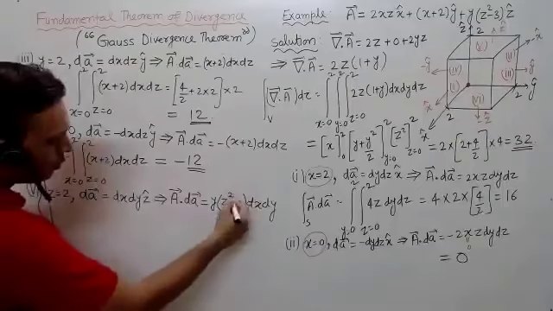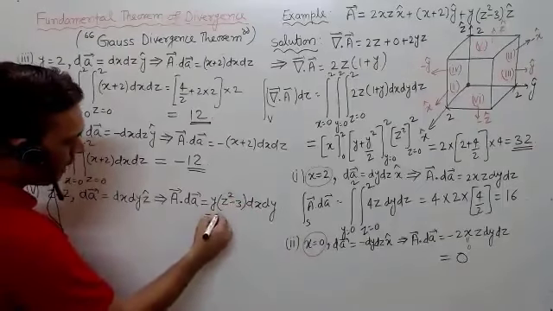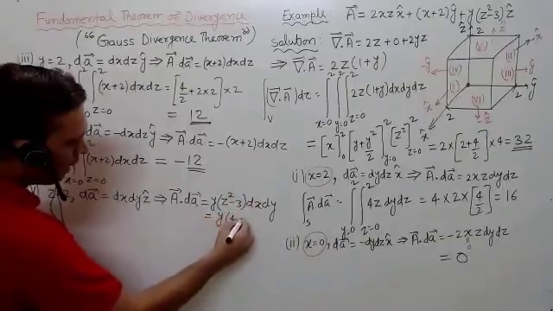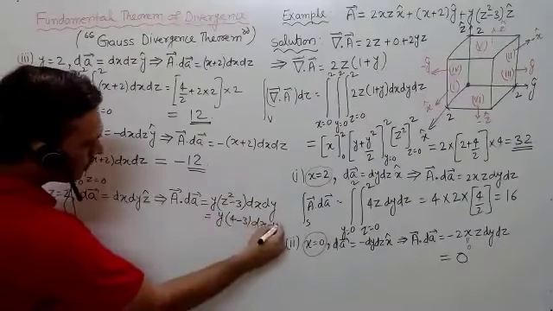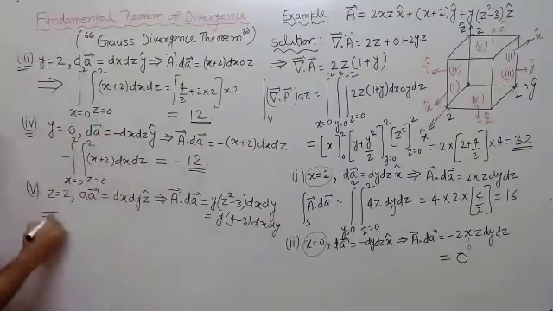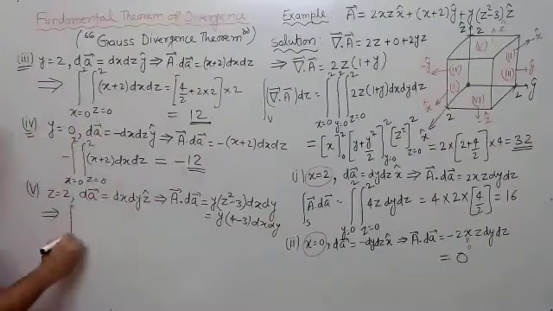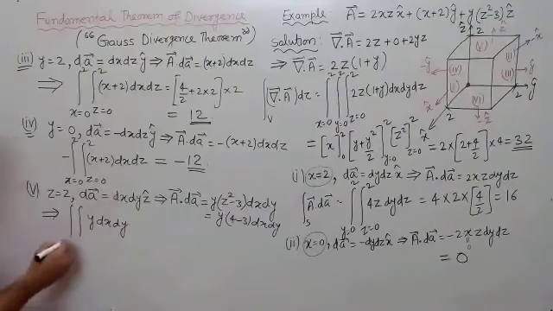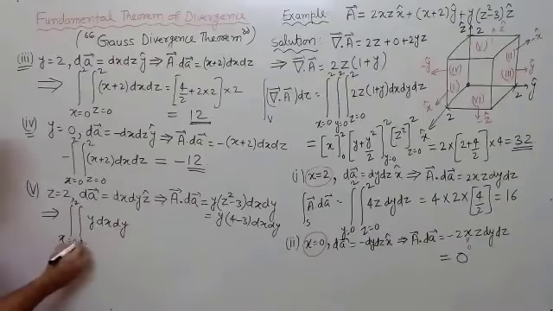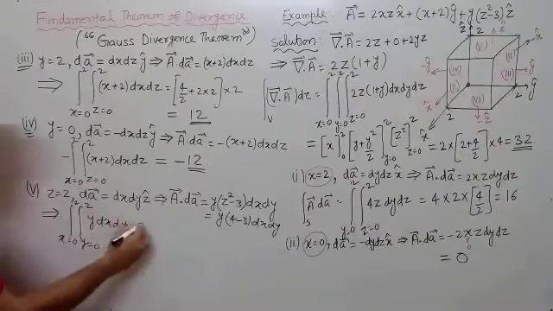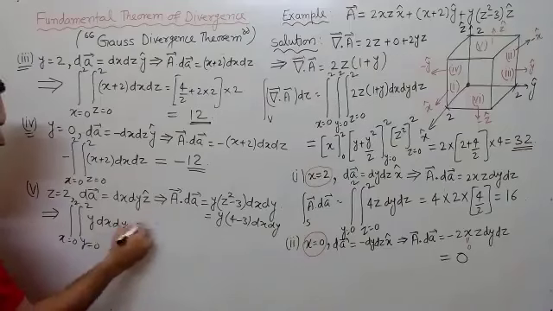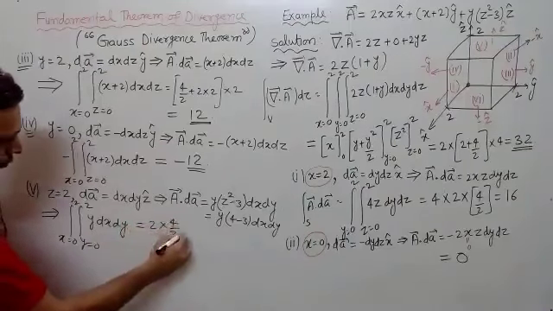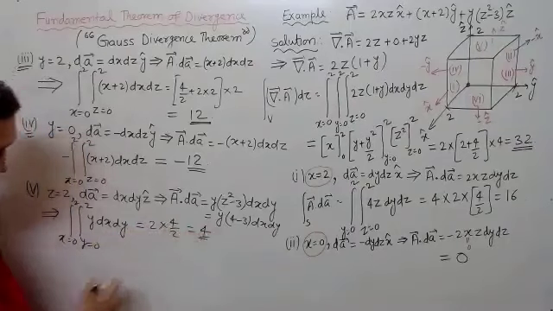So this will be y into 4 minus 3 dx dy. So finally this integral will be y dx dy, where x will be 0 to 2 and y will be 0 to 2. So the y square by 2 will give you 4 by 2, and x gives 2. So that is 4.